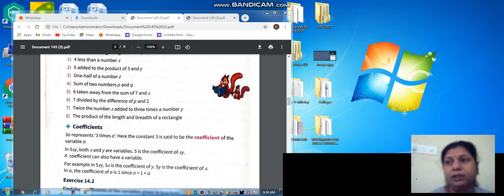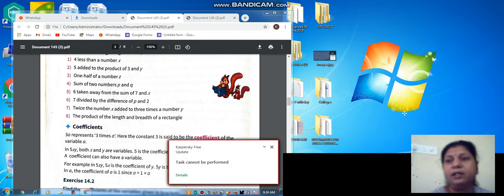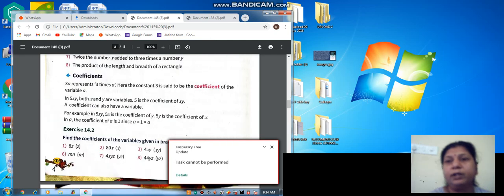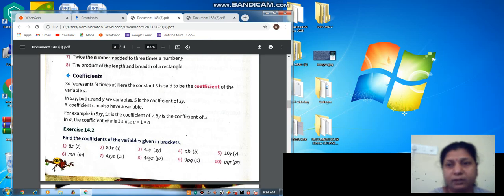Okay, fine. So let's see exercise 14.2. In 8z, if the variable is z, what is the coefficient? 8. In 80x, x is the variable, so what is the coefficient? 80. In ab, b is the variable, so what is the coefficient? a.